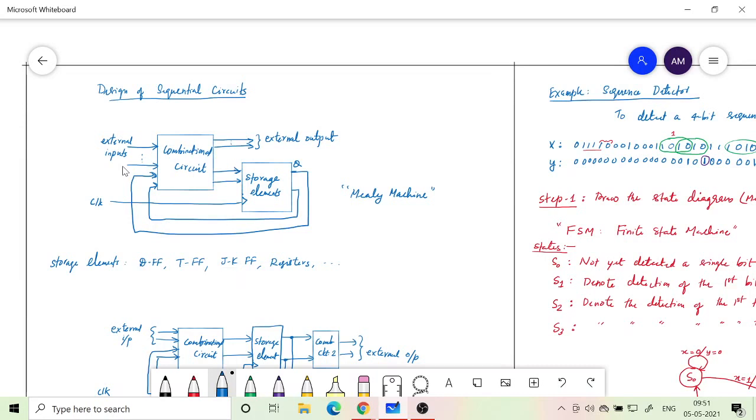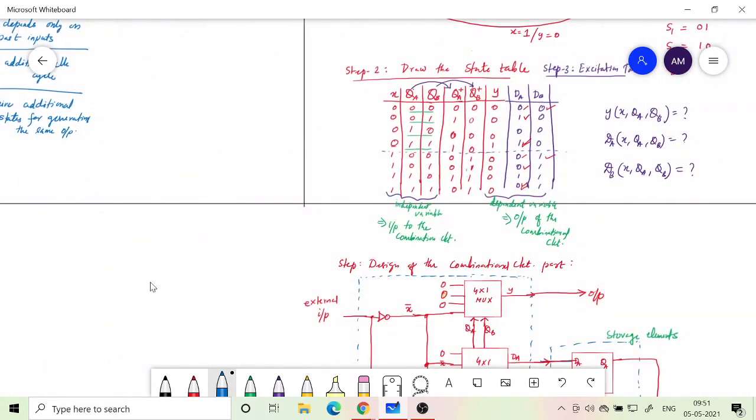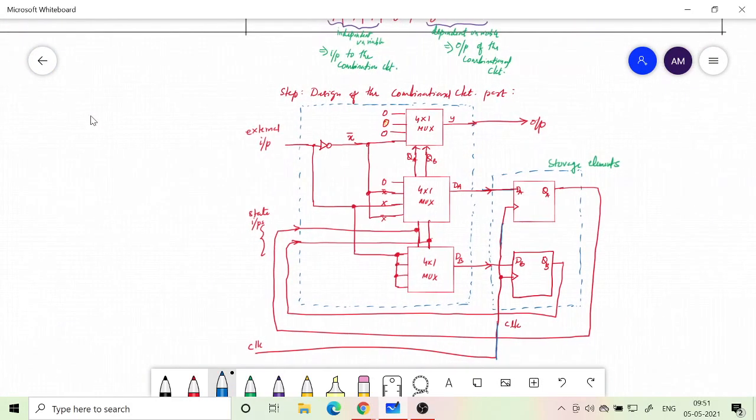Those are feedback. So you can see the same structure here. This block is basically the combinational circuit.